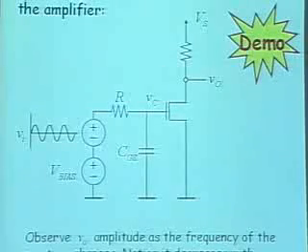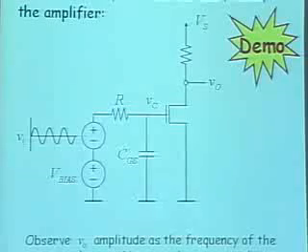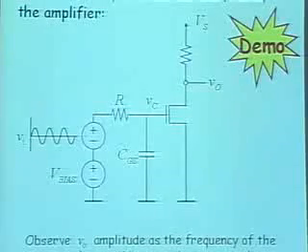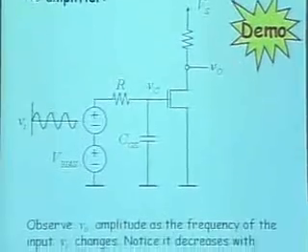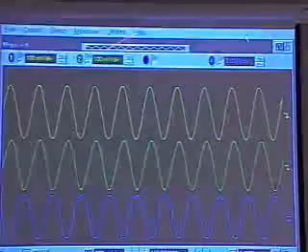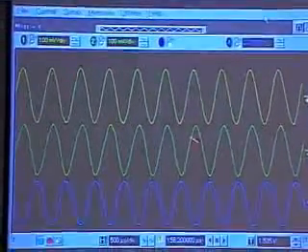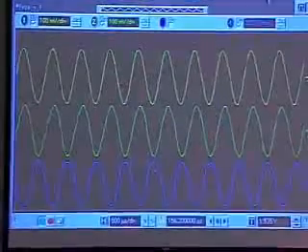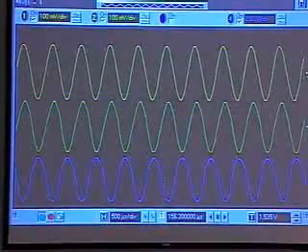Switch over to that view graph while I show you a little demonstration here. What you see here is 3 sine waves. A yellow sine wave, which is the input here. You see a green sine wave, which is the input VC at the gate of the MOSFET.